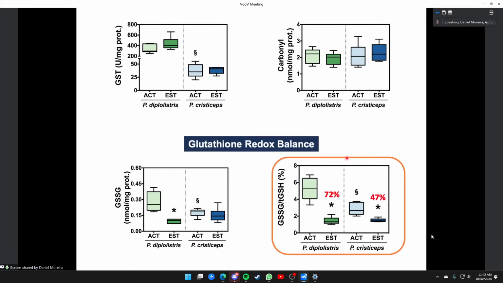And lastly, when we calculated the percent of glutathione that was in its disulfide, oxidized form, we calculated the GSSG to TGSH ratio. We saw that estivating animals had a more reduced state in their skeletal muscle during estivation. And here again, Proceratophrys cristiceps has a lower level than Pleurodema diplolistris.